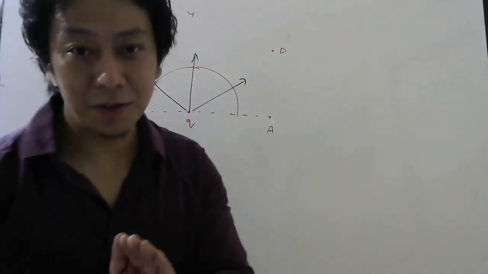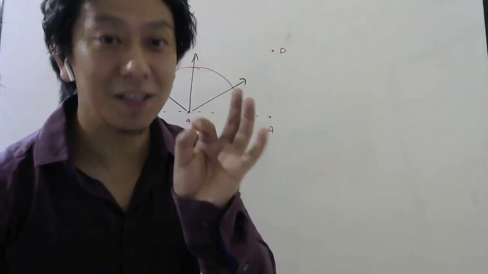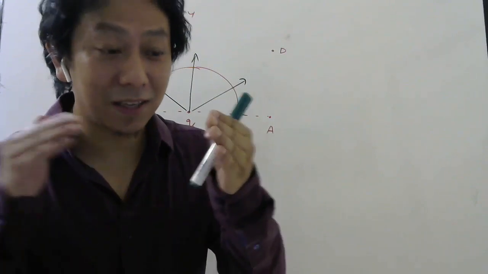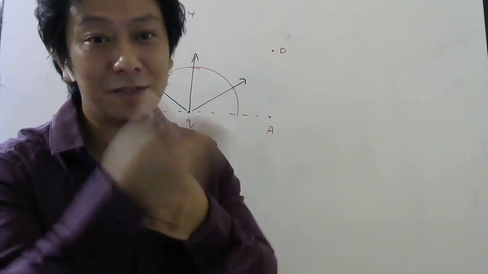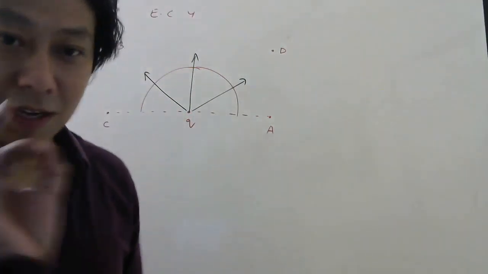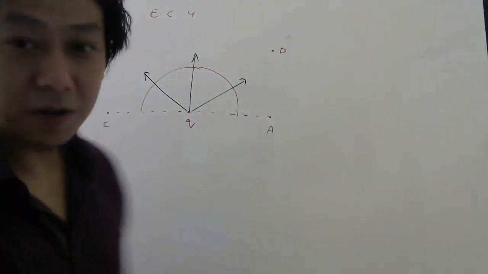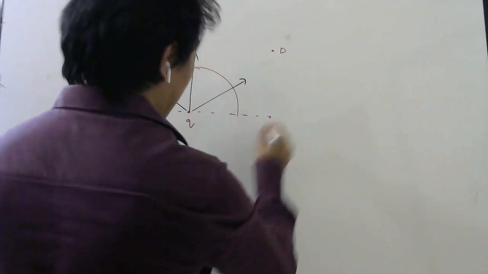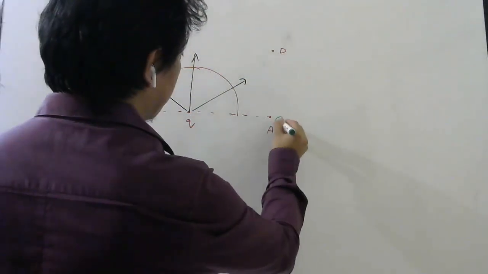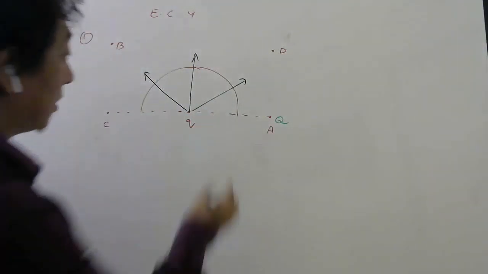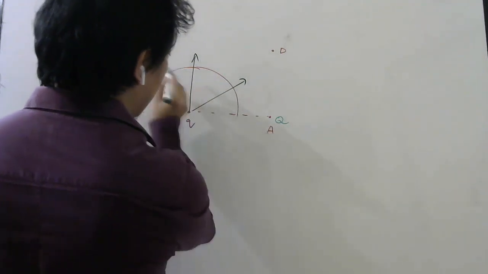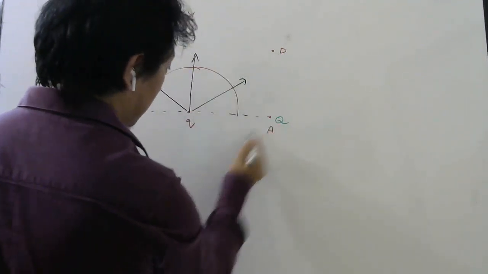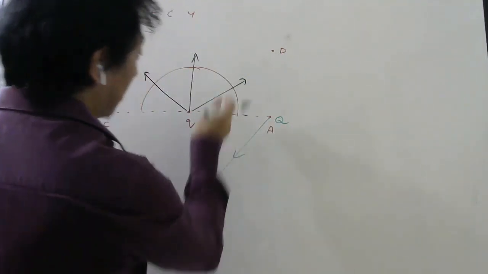So pause the video and think. The hint is, when lines cut the surface, then we say there is flux. Okay, I hope you have tried. So imagine I will keep the charge Q here. Then if you draw lines, this line is useless, it will neither cut the surface.